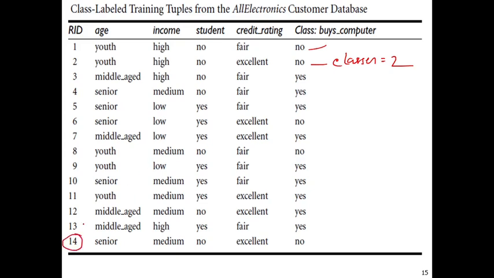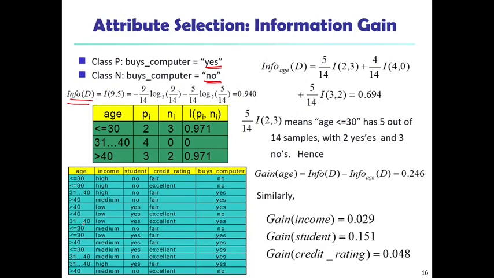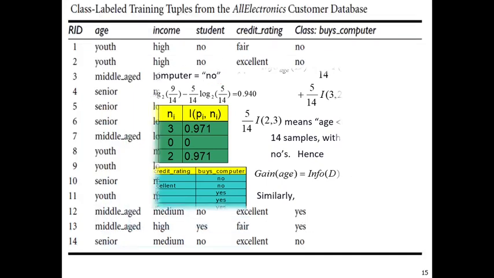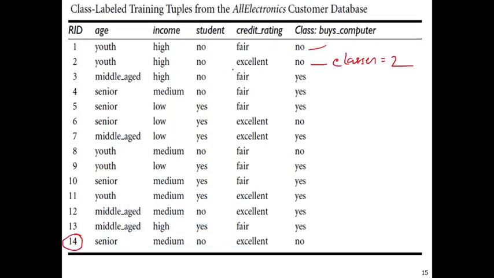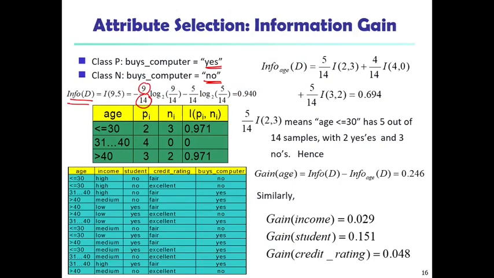So how it is calculated, you see. For the yes class, 14 is the denominator and the numerator is 9. We have a total of 9 cases of yes. Let me see if it is 9: 1 2 3 4 5 6 7 8 9. Okay, so it is 9 by 14, log 2 of 9 by 14.